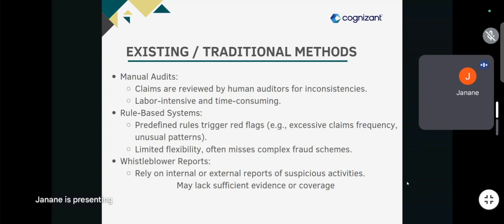It is mainly of three types: manual auditing, rule based, and whistleblower. First, manual auditing relies on human auditors. The humans verify the documents by themselves, so it expends labor cost, time consumption, and so on.